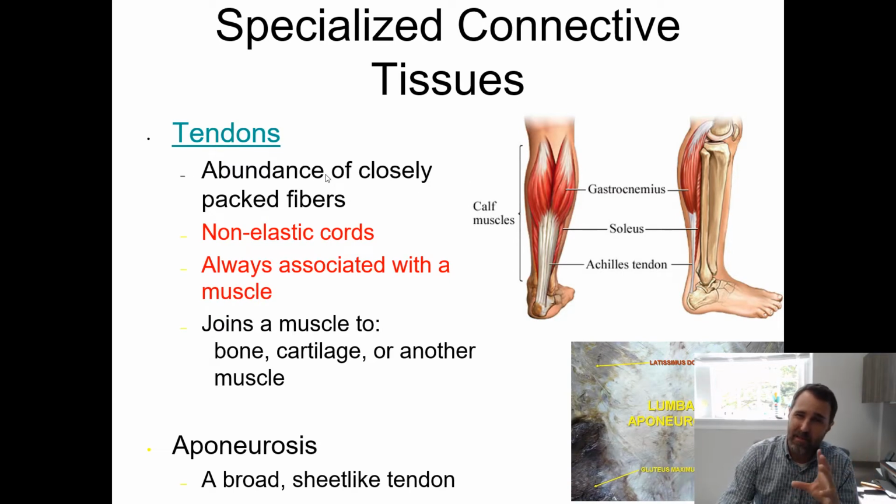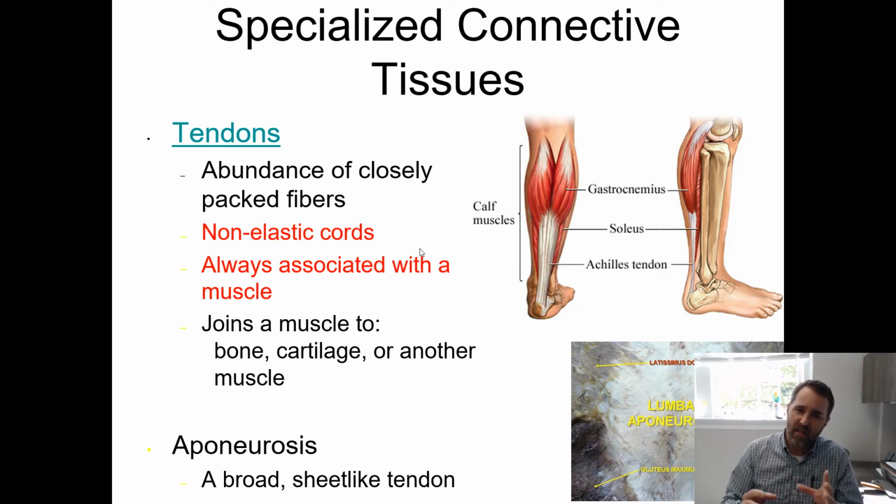Getting into some specialized connective tissues, we're going to talk about tendons and ligaments. It's important to differentiate and know the difference between these two things. Tendons are non-elastic cords. They don't stretch, and they are always associated with a muscle.